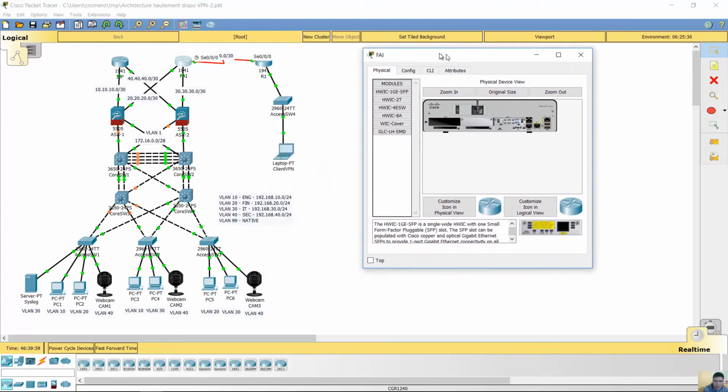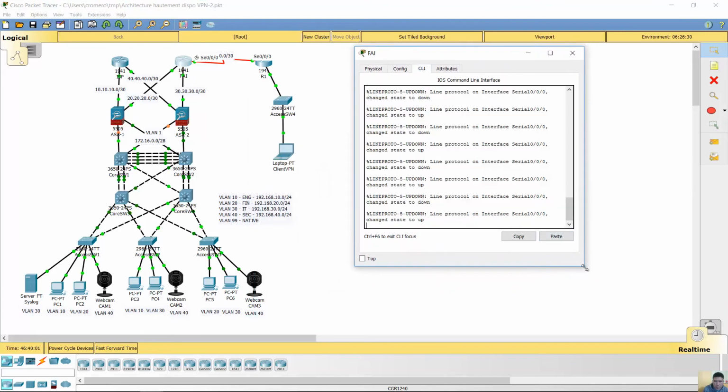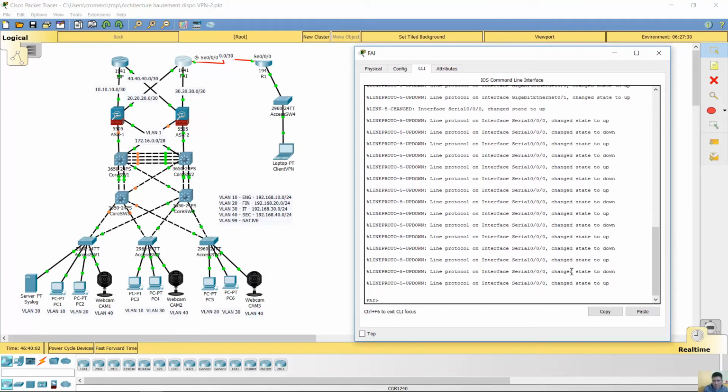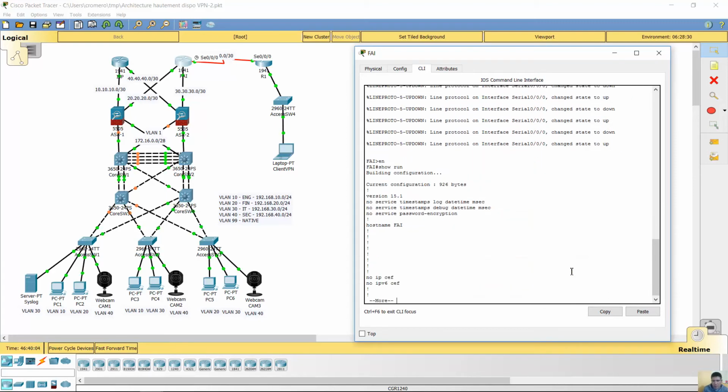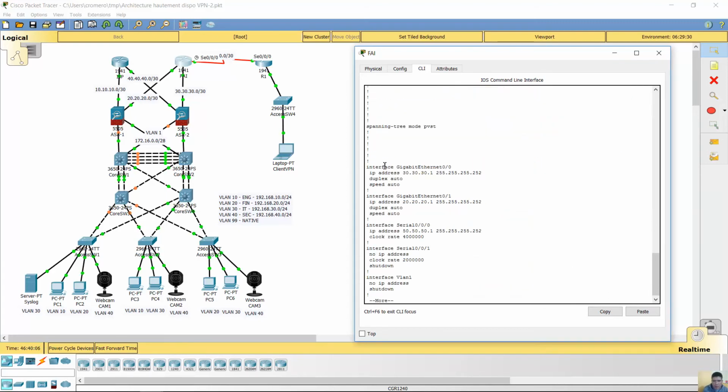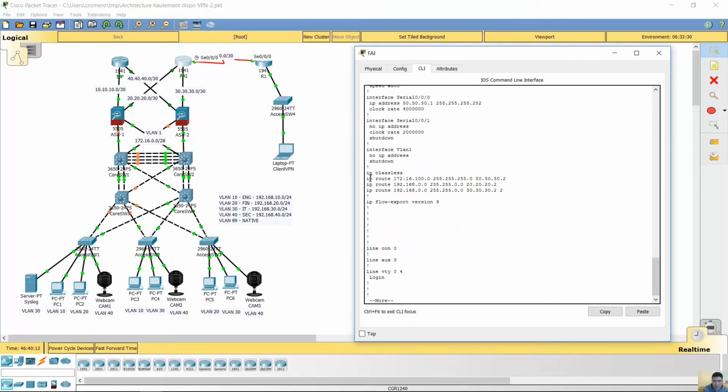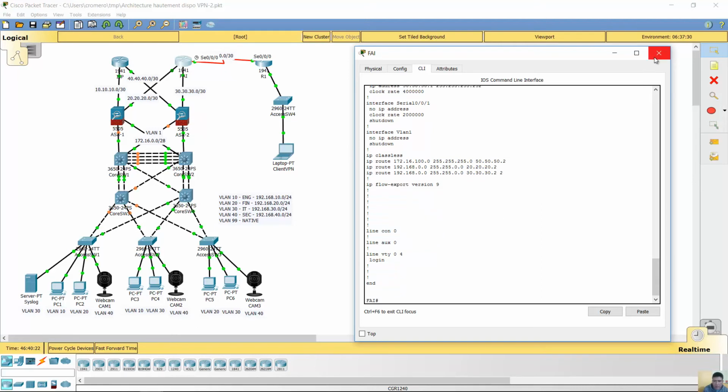The configuration for the FAI is very simple. Only 3 interfaces configured, 2 gigabit and 1 serial, and the static route to reach the branch network, and 2 static routes to reach the LAN networks, and that's all.